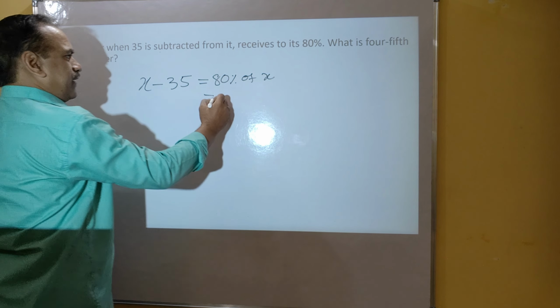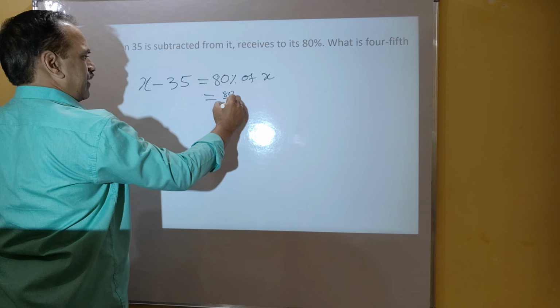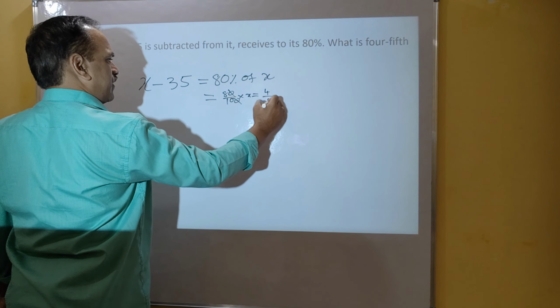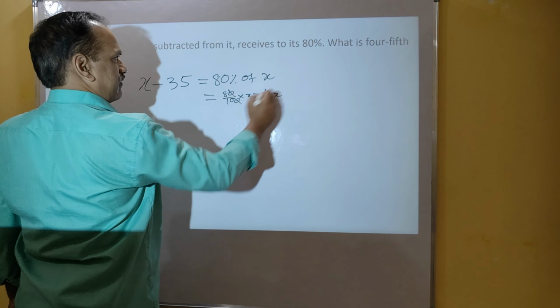So 80% of the number is 80 by 100 into x. So it is 4/5 of x.